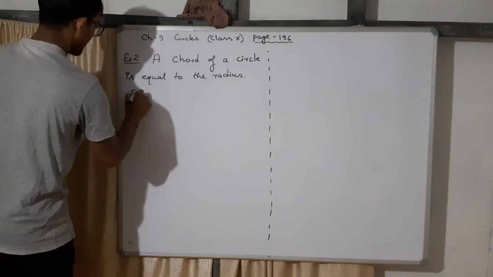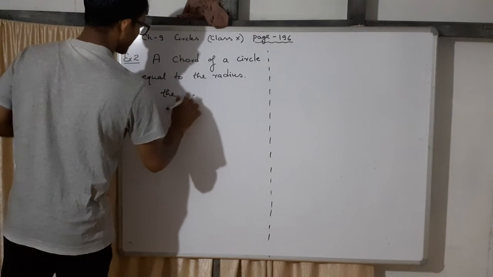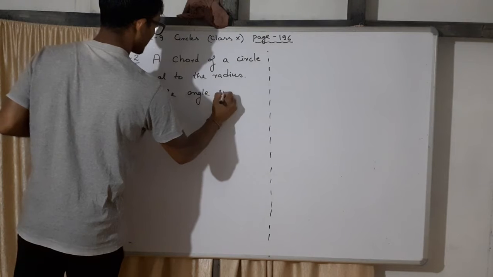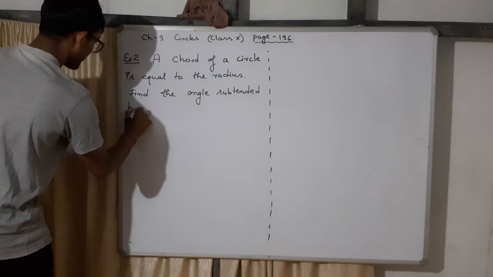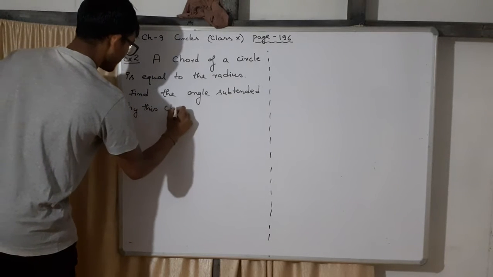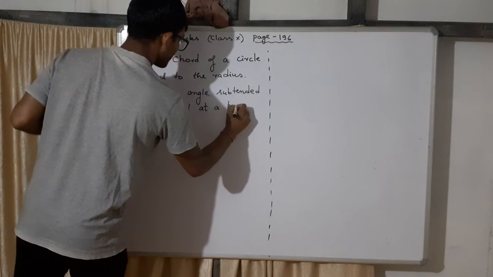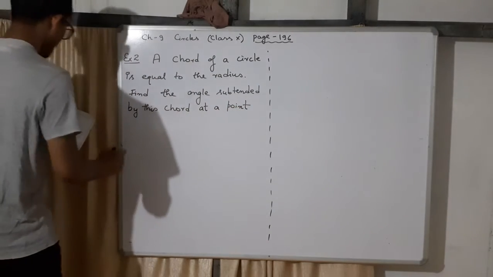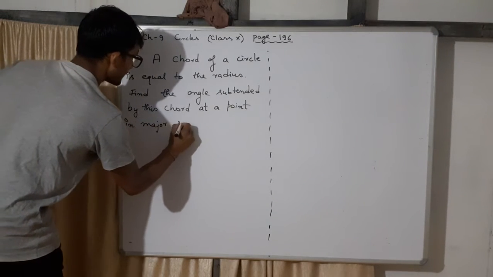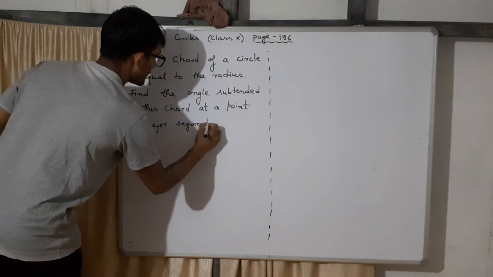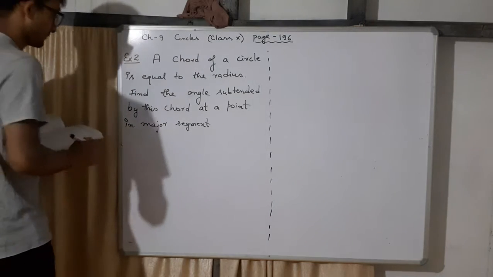Find the angle subtended by this chord at a point in major segment. We will be using all the theorems to solve this numerical. You remember what is major segment? Major segment is when we draw any chord on a circle, the bigger part is the major segment, the smaller part is the minor segment.